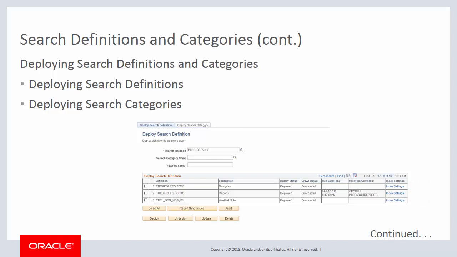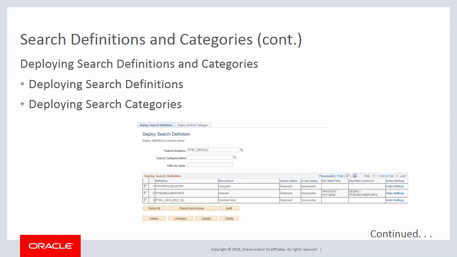If the data volume to be indexed is large, for example, if the data volume is greater than 100 megabytes, it's recommended to map a search definition to a separate index other than the default index. By mapping a search definition to a separate index, you can improve the overall performance for the search definition. The availability of the override option depends on whether a search definition is deployed or not.